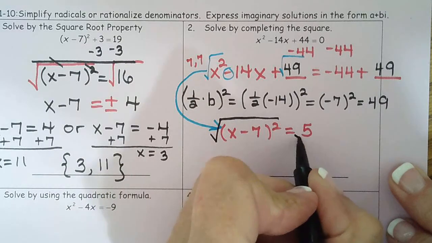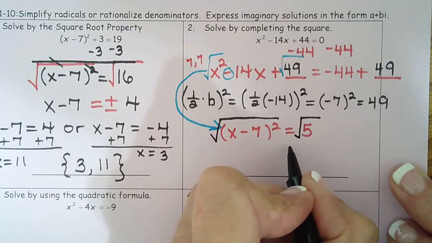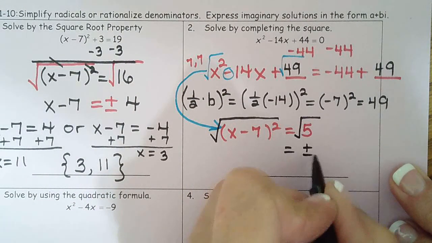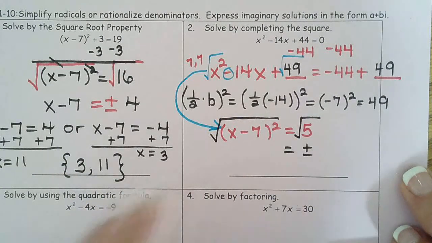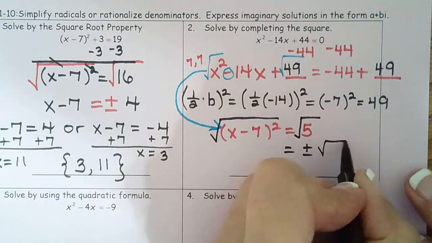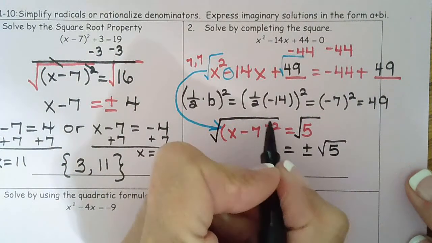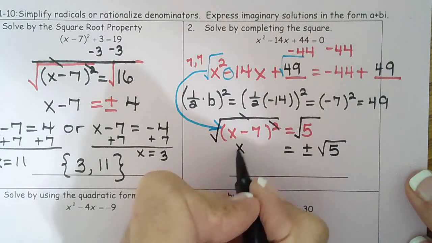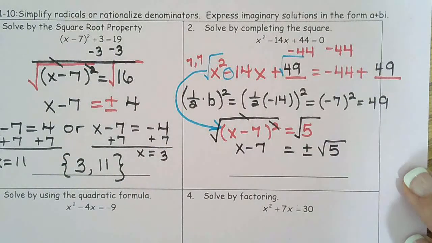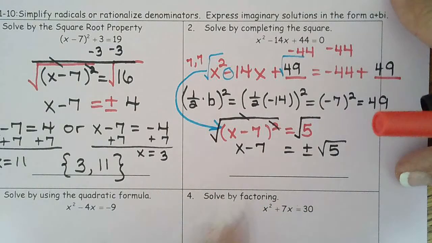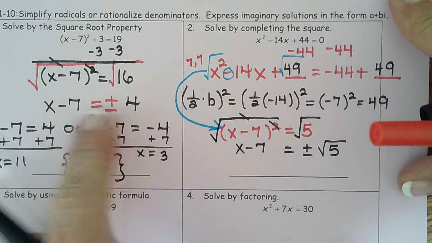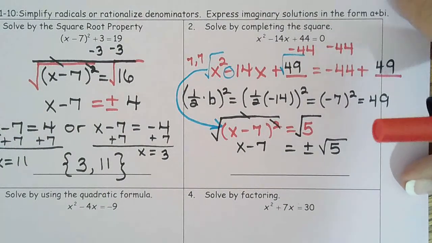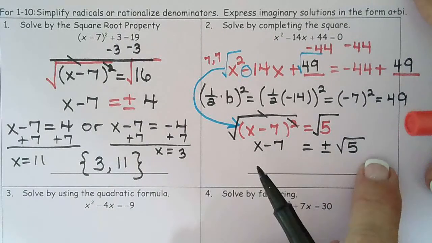And here's the second one you would miss if you forget this. Add plus or minus. Anytime you square root both sides, you add plus or minus. Square root 5 can't be simplified. These two undo each other. We talked about these on the video for 7.1 also. These are not like terms. Here they were like terms, 7 and 4, they're just both regular numbers. But on this one, they're not.